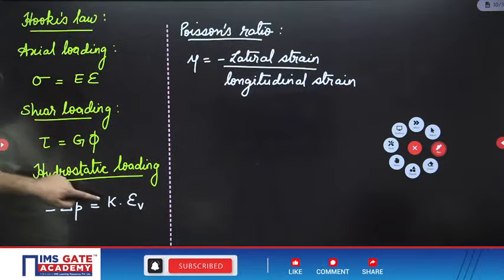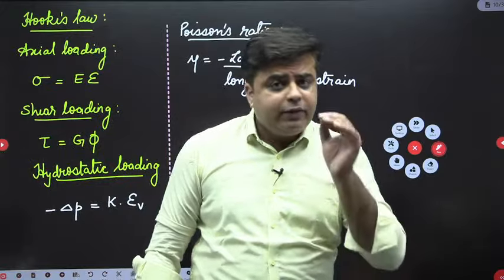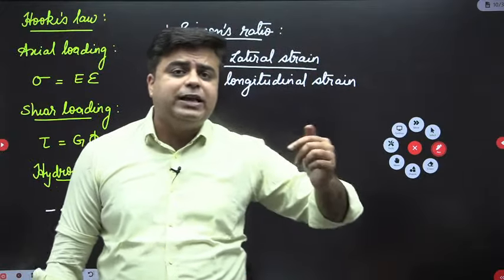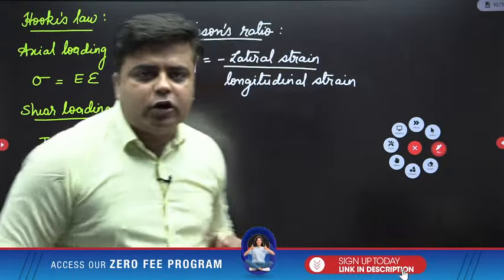E, G, K and mu are the properties of the material. They will only change if you change the material. If you are not changing the material, then these values are not going to change.